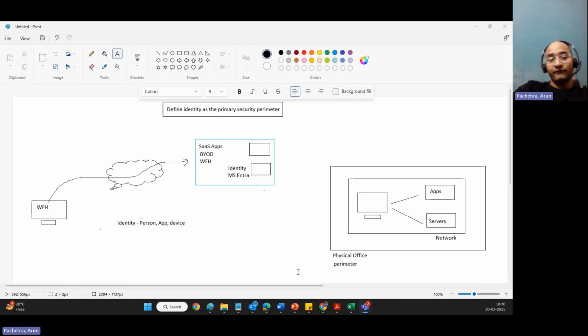By shifting security focus to identity-based protection, organizations can secure access for remote employees without relying on just a physical perimeter. It can prevent unauthorized access through MFA.